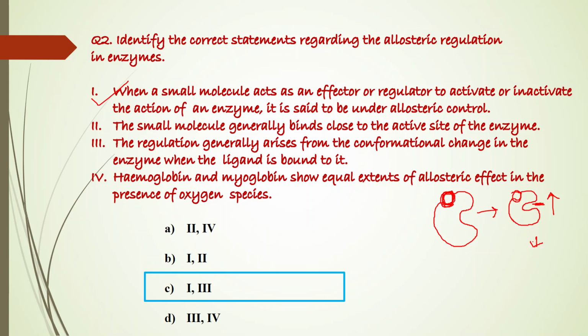The second statement says the small molecule generally binds close to the active site of the enzyme. Suppose your enzyme looks like this. This is your catalytic site. For allosteric inhibitors, the small molecules can bind at other sites, at a far distance from the active site as well. So the second statement, that they generally bind close to the active site, is not necessarily always correct.